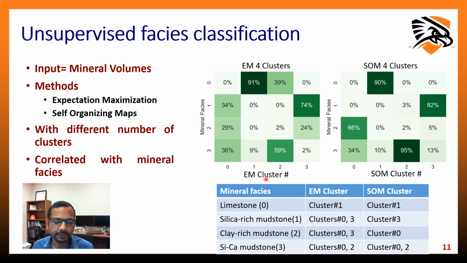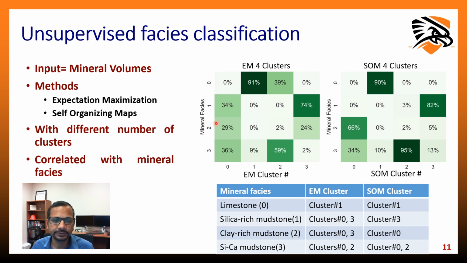For example, we try to correlate each individual EM cluster. For example, cluster number 1, here I try to correlate it with all of these facies, and then I find that this correlates best with the mineral facies 0, or that is limestone. And I would say that EM facies 1 is covering mostly the mineral facies 0.